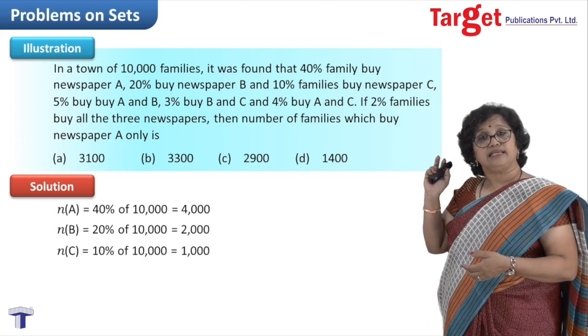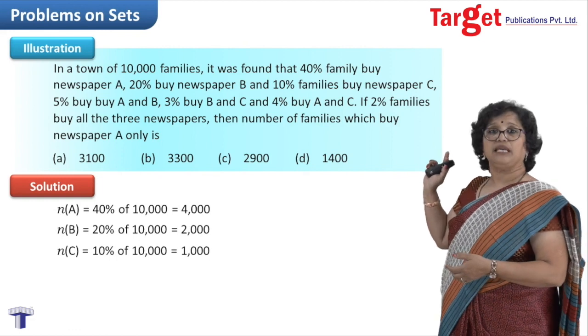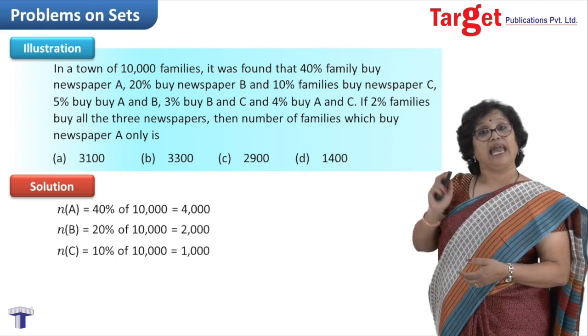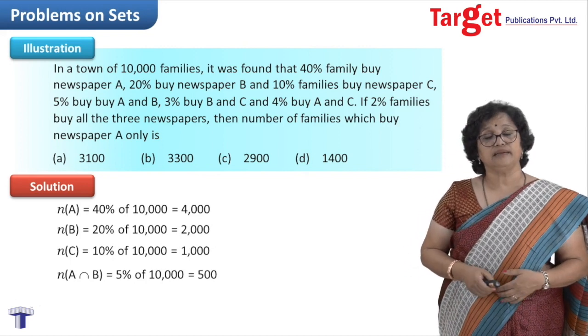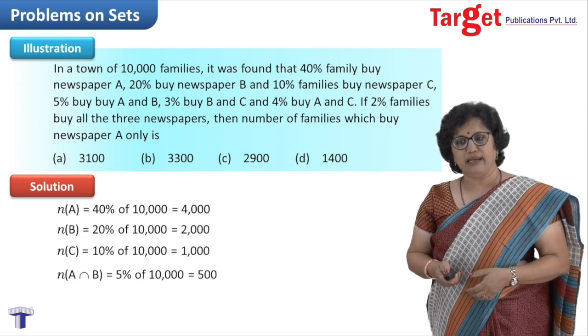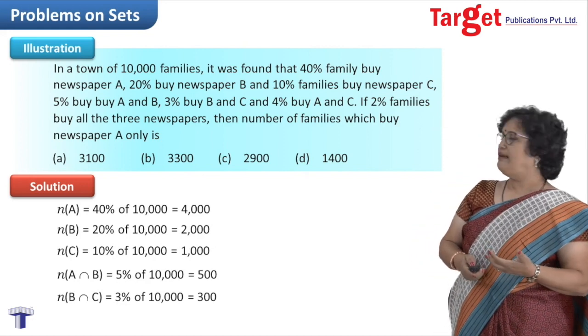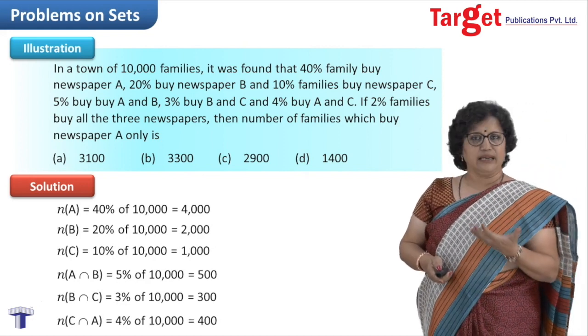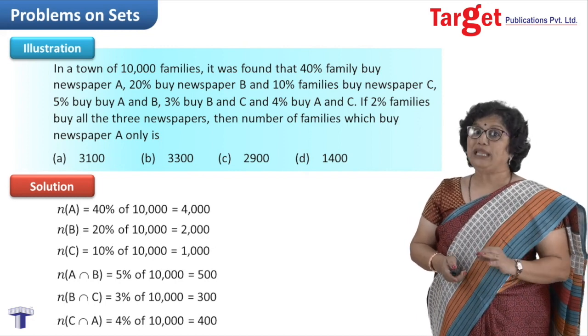Then the question says there are people who read newspapers A and B both, and B and C both. A and B both means A intersection B, so N of A intersection B is 500. Then N of B intersection C is 300, and N of C intersection A is 400.